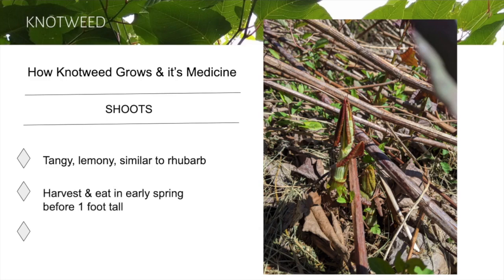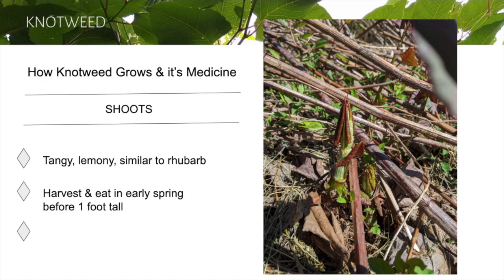You want to harvest and eat knotweed shoots in early spring before they are a foot tall. Knotweed grows extremely quickly, so there's a short window when these shoots are ideally edible, and this is in early spring. Once they get taller than a foot, it's not that they will harm you if you eat them.